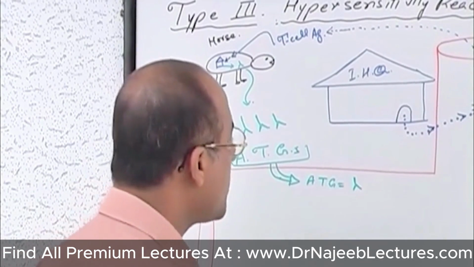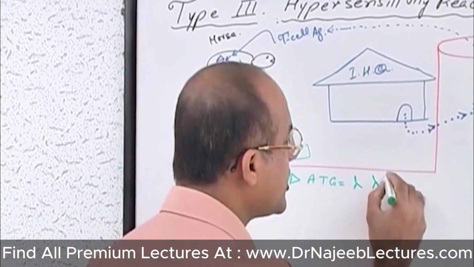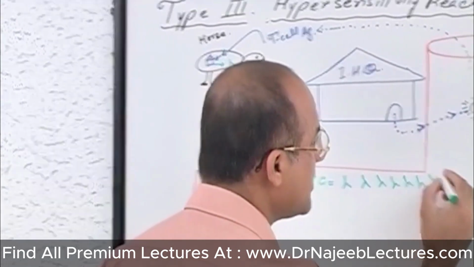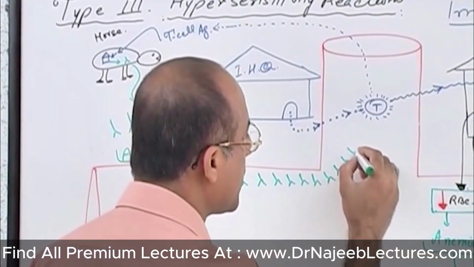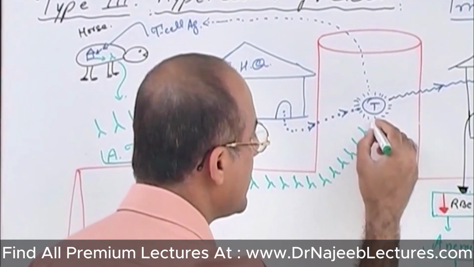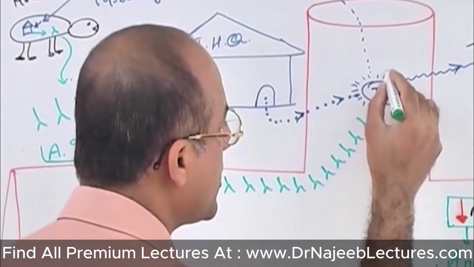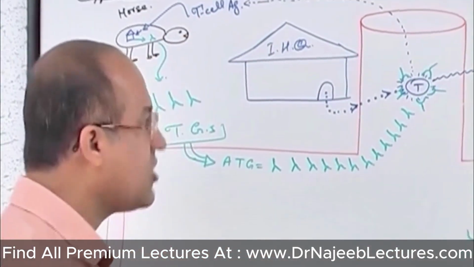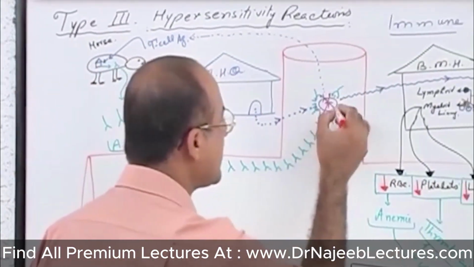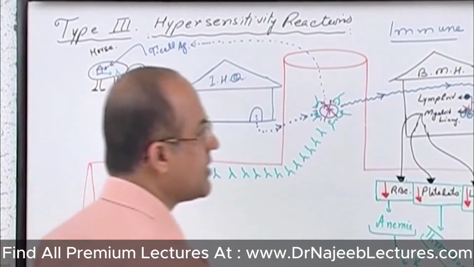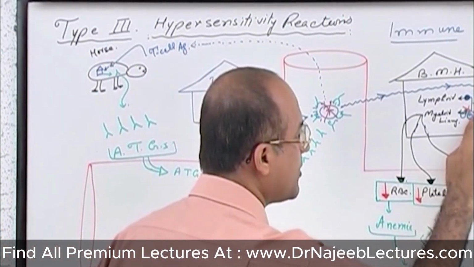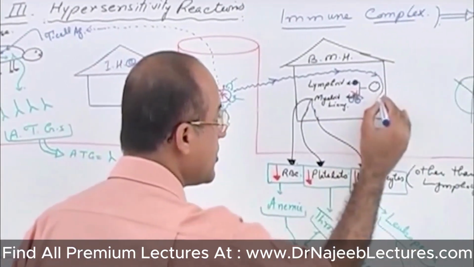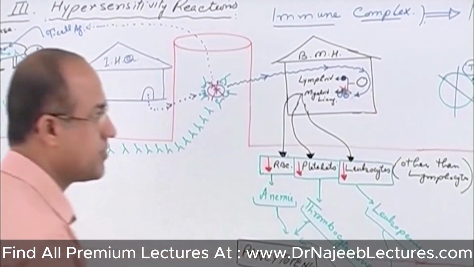Now, these antibodies are given as a treatment modality, and we expect that these antibodies should attack these T cells. If these antibodies attack and destroy these T cells, it means that destruction of myeloid cells has been reduced.